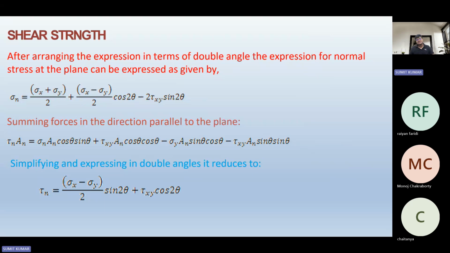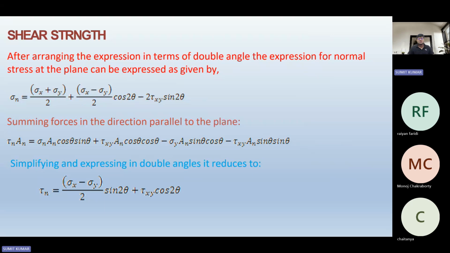The shear stress parallel to the plane, tau, is derived as sigma x minus sigma y by 2 sin 2 theta plus tau xy cos 2 theta.